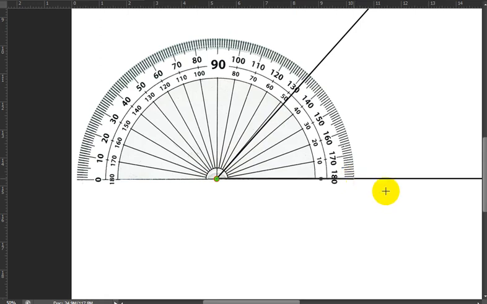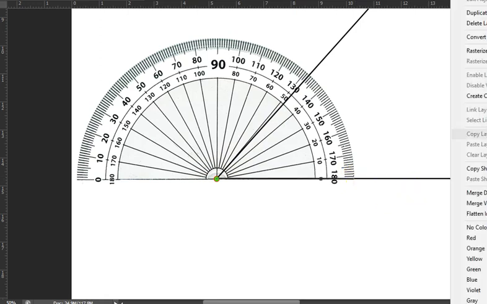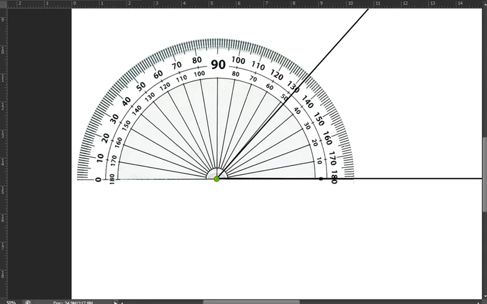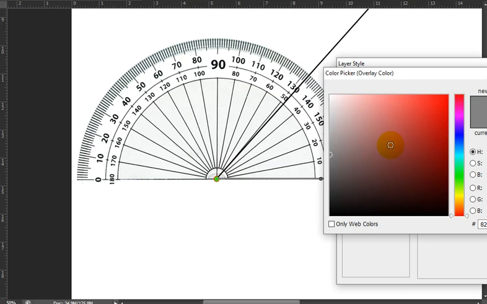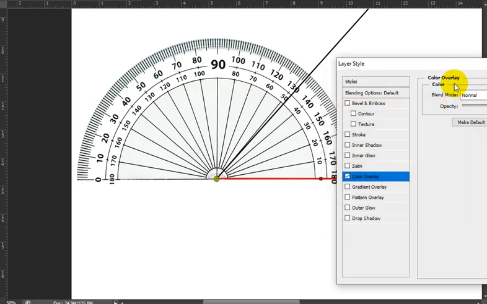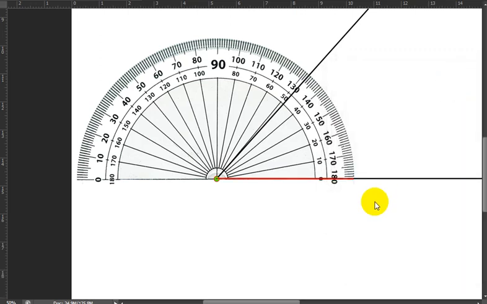And imagine that this is the hand of a clock. I'm also going to make it red so that you can spot it. Okay. See the red line? Great.